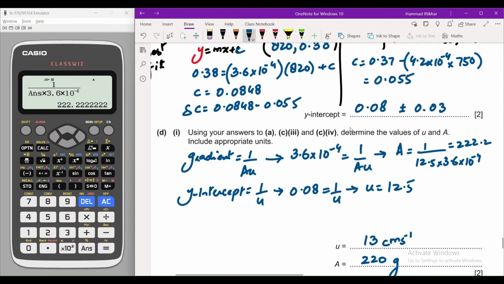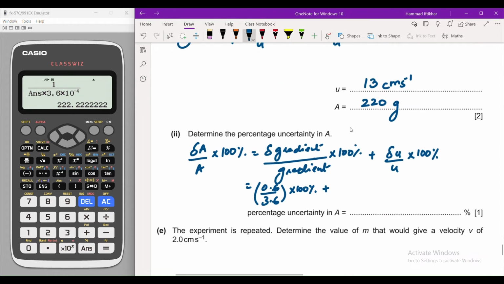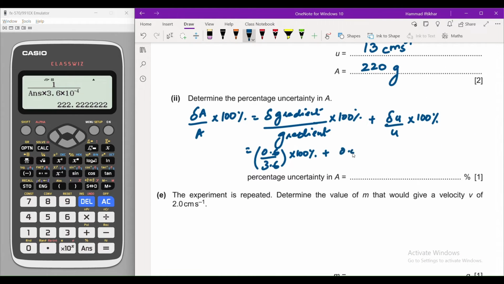Plus y-intercept uncertainty was 0.03 to 0.08.